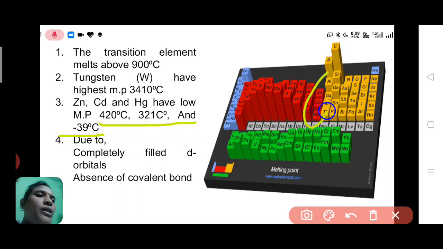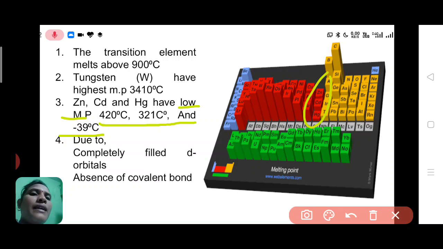This melting point is for zinc, cadmium and mercury: Zn is for zinc, Cd is for cadmium, Hg is for mercury. So zinc, cadmium and mercury have low melting points.